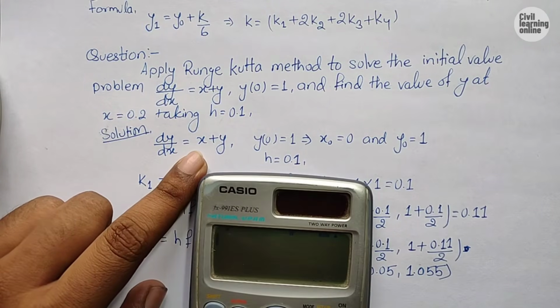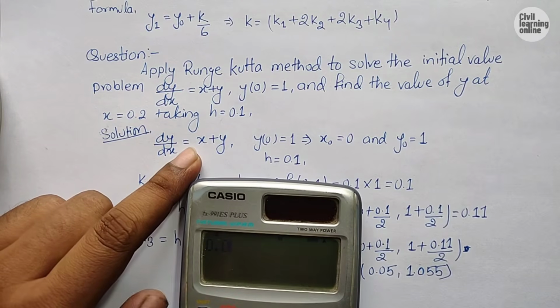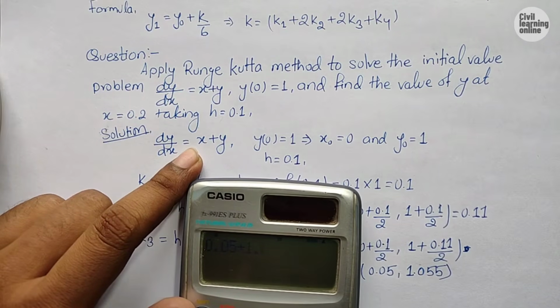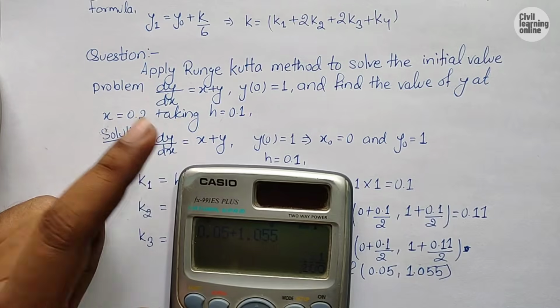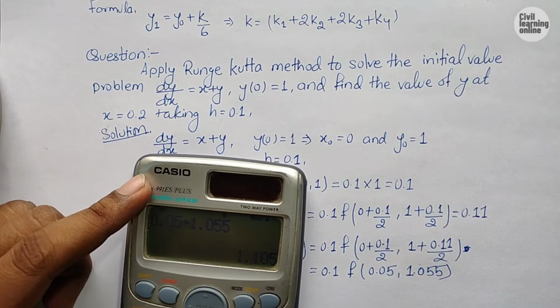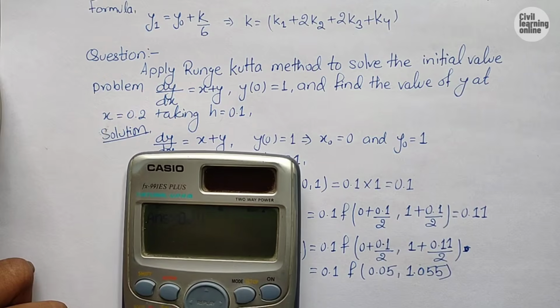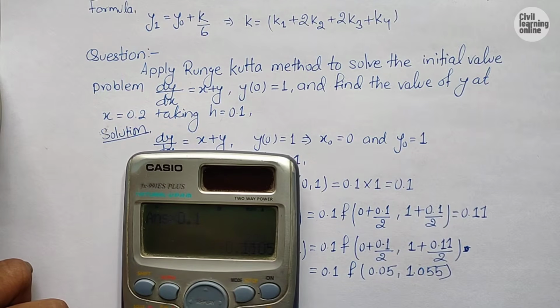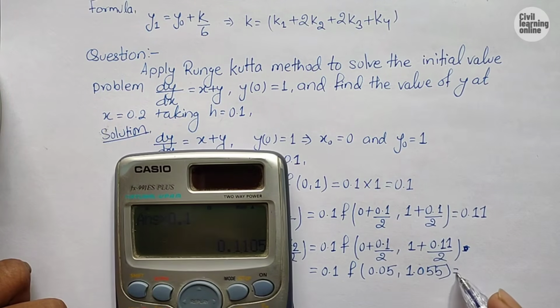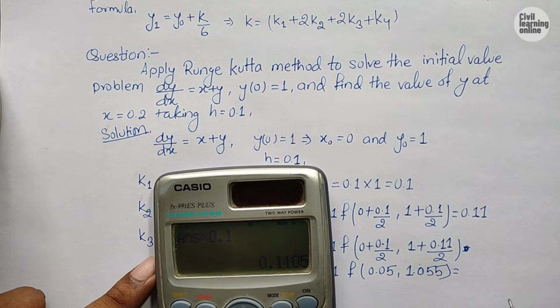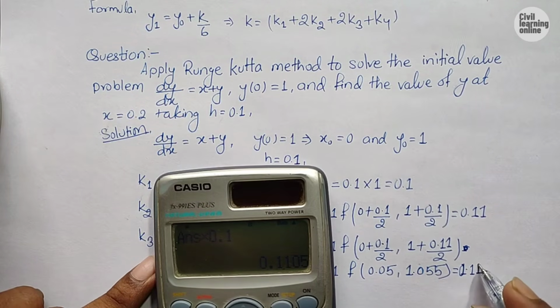So we will have here x means 0.05 plus 1.055 and multiply this with 0.1. So from here we will get the value of k3 equals 0.1105.